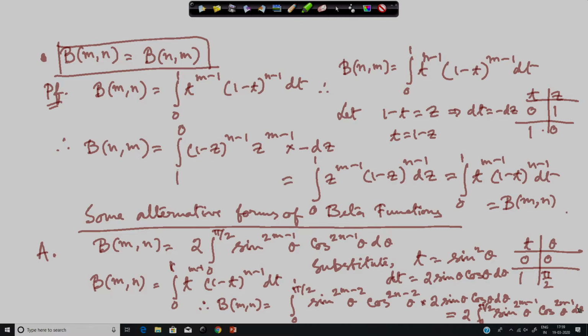So, this form is also widely used for solving problems. You have to apply proper substitution to get alternative forms of the beta function.